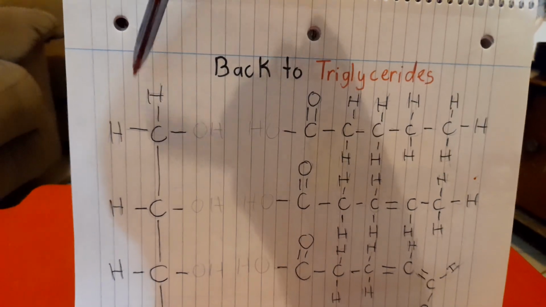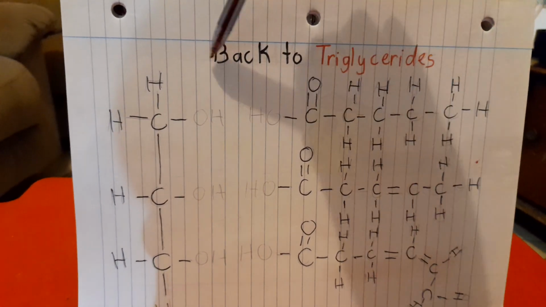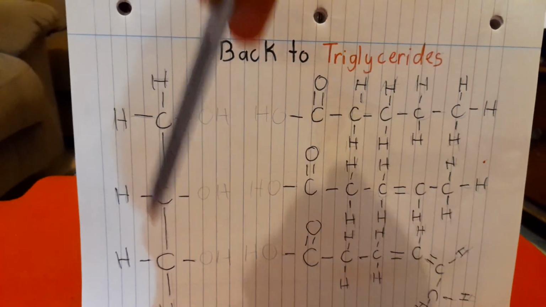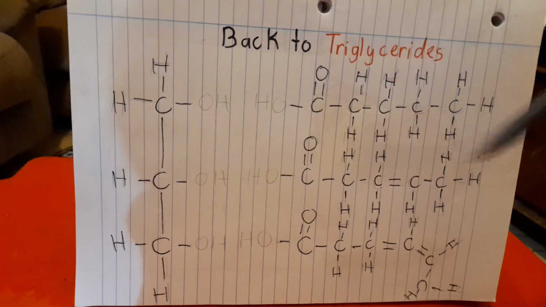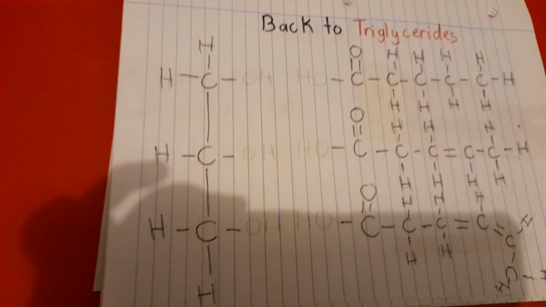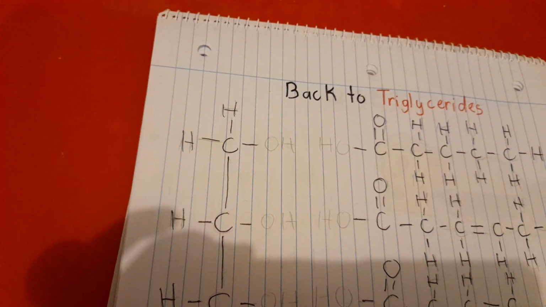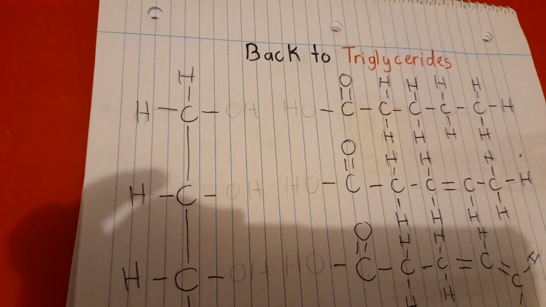Together, glycerol and 3 fatty acids attach in a condensation reaction, which I'll show you just now, to form a triglyceride. So let me show you. Condensation just means to remove water, right?